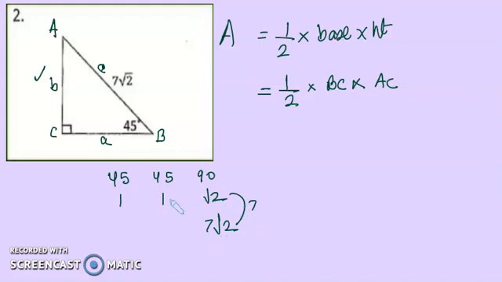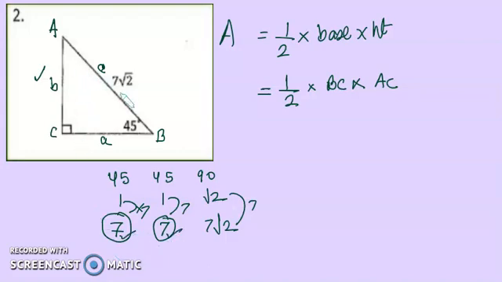So 1 times 7 will be 7, and here also 1 times 7 will be 7. So values of A and B will be 7 and 7. Now as I mentioned before, these two sides that make an angle of 90 degrees will be equal. So in this case we are getting 7 and 7.